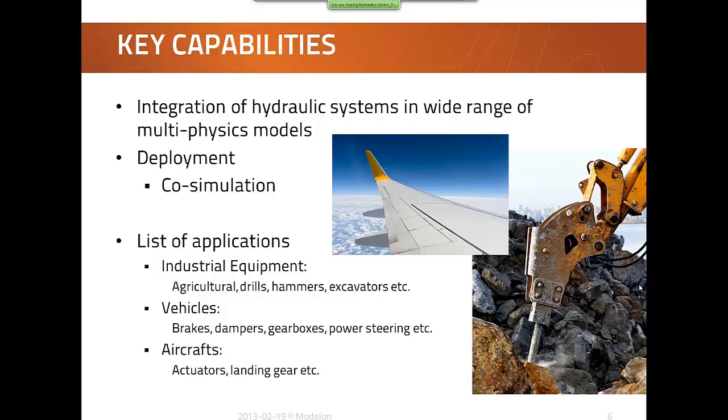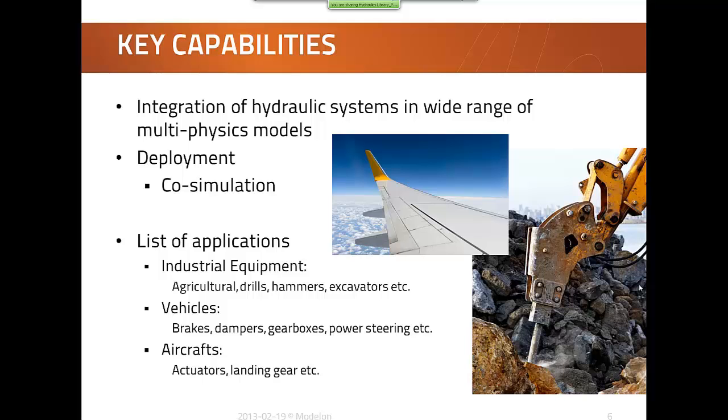And some list of applications here. We have industrial equipment. This can be agricultural equipment, also construction equipment like drills, hammers, and you see on the right side here is an excavator arm using a hydraulic hammer. It can be for vehicle applications, hydraulic brake systems, hydraulic dampers, gearboxes, power steering.